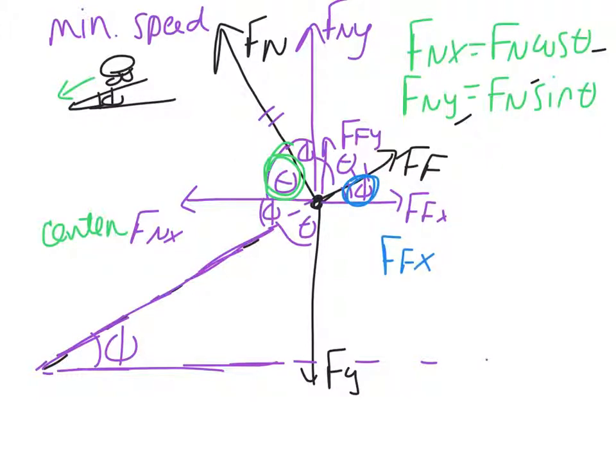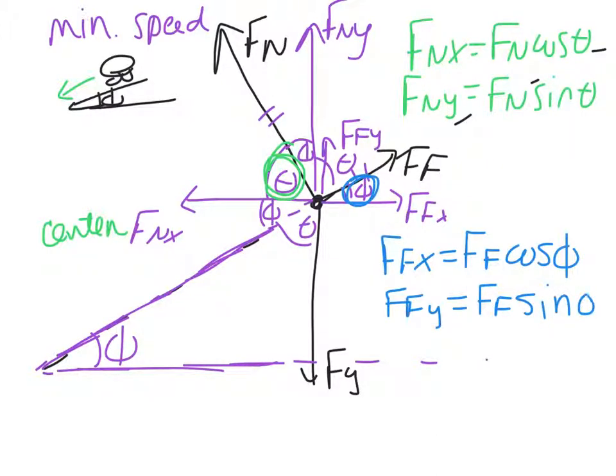So Ffx is equal to frictional force cosine of phi, and Ffy is equal to the frictional force times the sine of phi. The easiest way I can think to remember that phi goes with friction is they both have the f sound. So frictional force, you're using the angle phi, normal force, you're using theta.